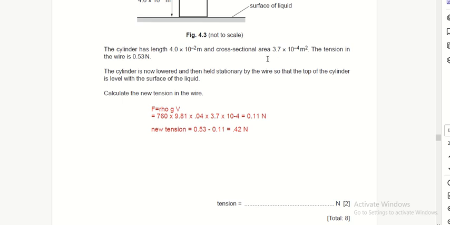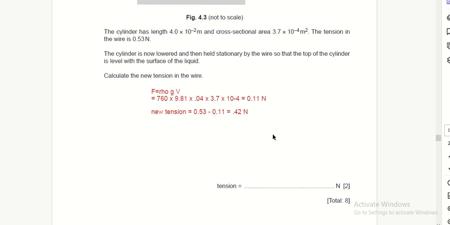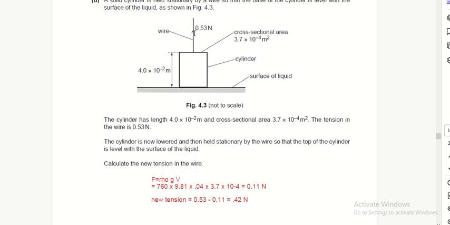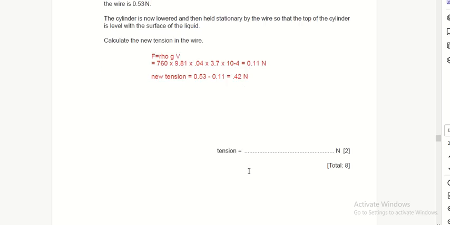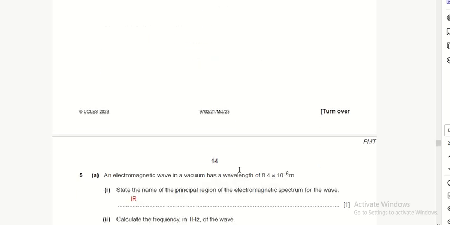V can also be found by substituting this value and this value. And the new tension will be the previous one, which is the weight, minus the upthrust force. This difference is the tension in the rod, sorry, in the wire.